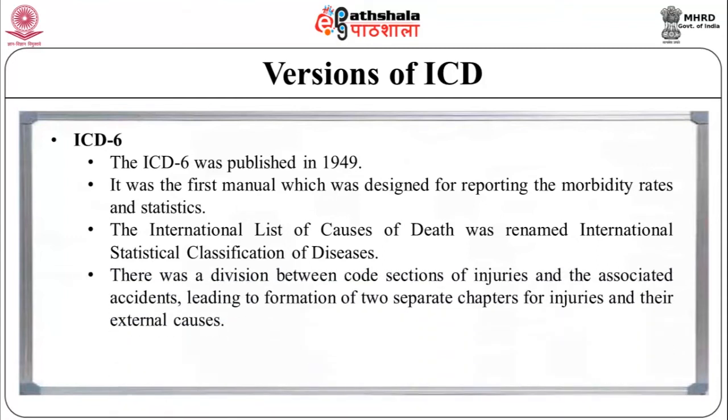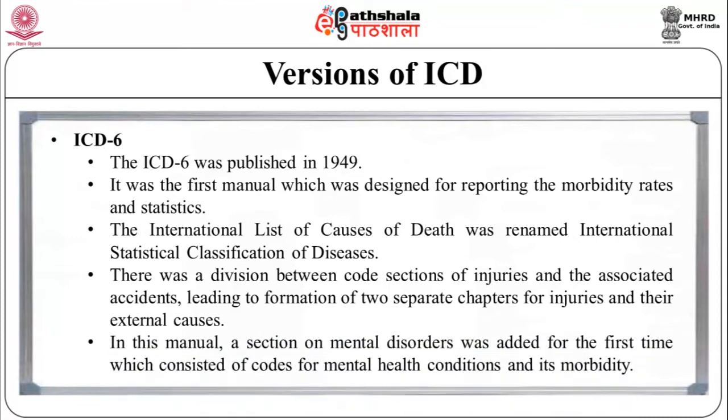There was a division between code sections of injuries and the associated accidents, leading to formation of two separate chapters for injuries and their external causes. In this manual, a section on mental disorders was added for the first time, which consisted of codes for mental health conditions and its morbidity.